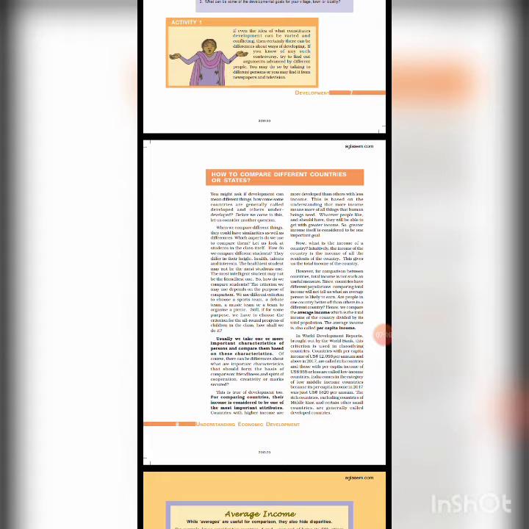Per capita income is calculated by dividing the total income of a country by the total population of that particular country. Per capita income of a country shows the standard of living of the citizens of that particular country. A country with higher per capita income is more developed than others with less per capita income.